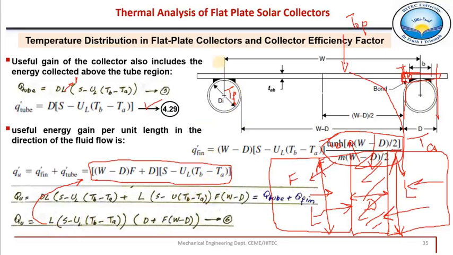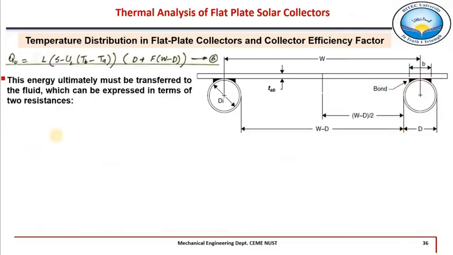Whatever heat has been absorbed over this tube portion, on this absorber plate, will now be transferred to the fluid. The total heat absorbed over this tube in this absorber sheet is given by this equation 6, right? So this energy, this Qu, this useful heat gain, must be transferred to this fluid which is flowing.